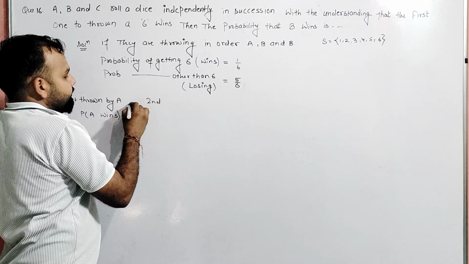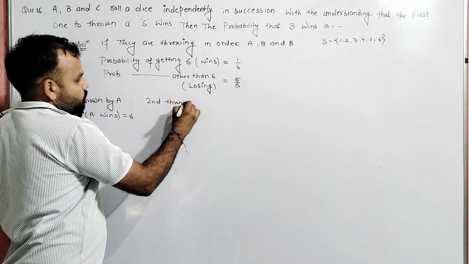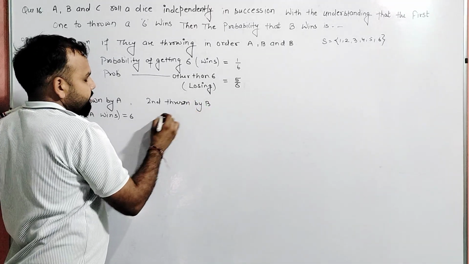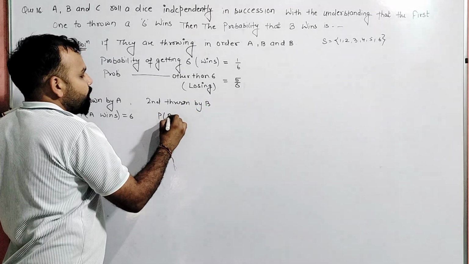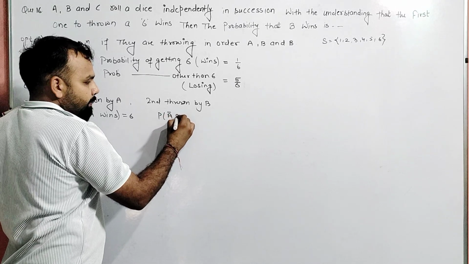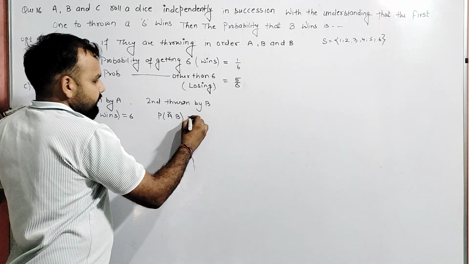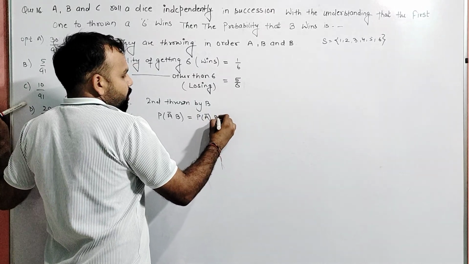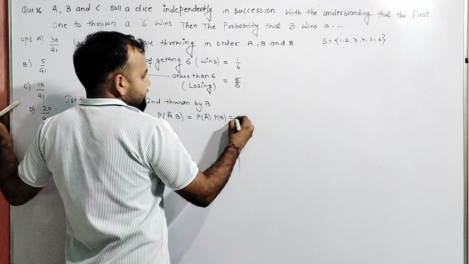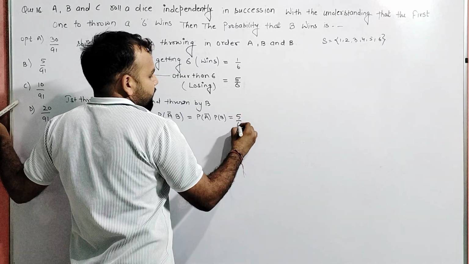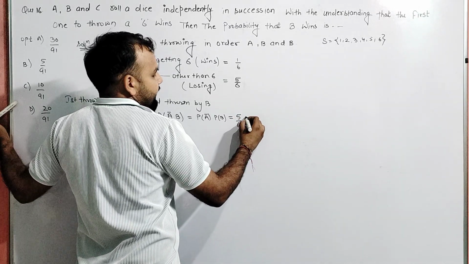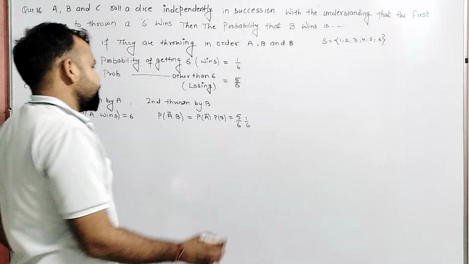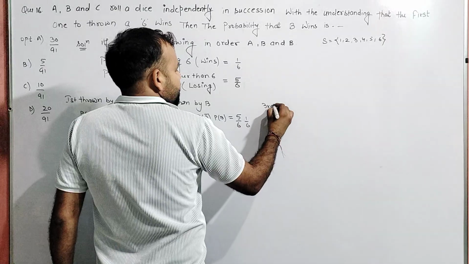Second throw by B, that means P of A loses the game and B wins. That means 5 by 6 is the probability of losing the game, and 1 by 6 is the probability of winning.